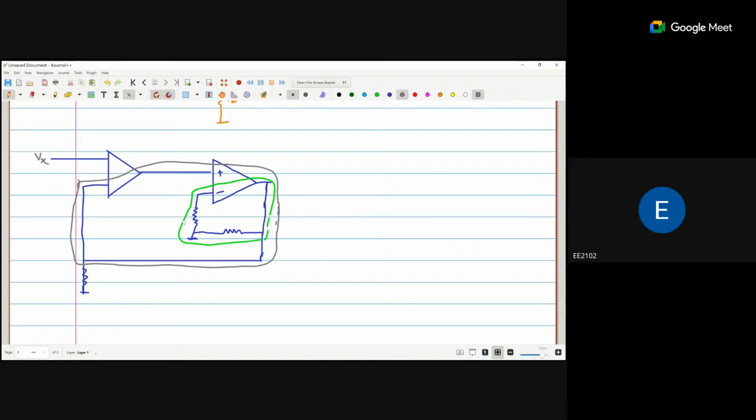Anyone? Student, if you are not getting it, just tell me that. So can you solve it?